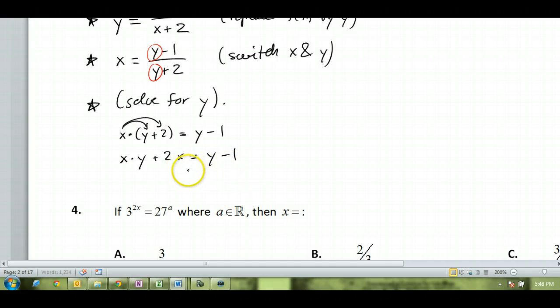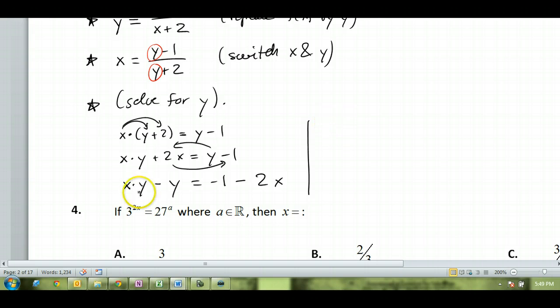I want to solve for y, so I have to have my y terms on the same side of the equation. So I'm going to move this one right here, and this quantity I'm going to move there. So xy minus y equals negative 1 minus 2x. Okay, let's continue here.